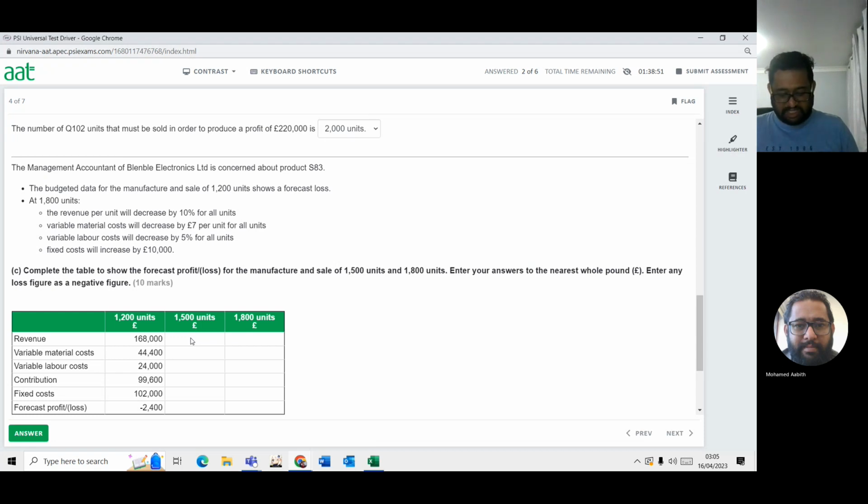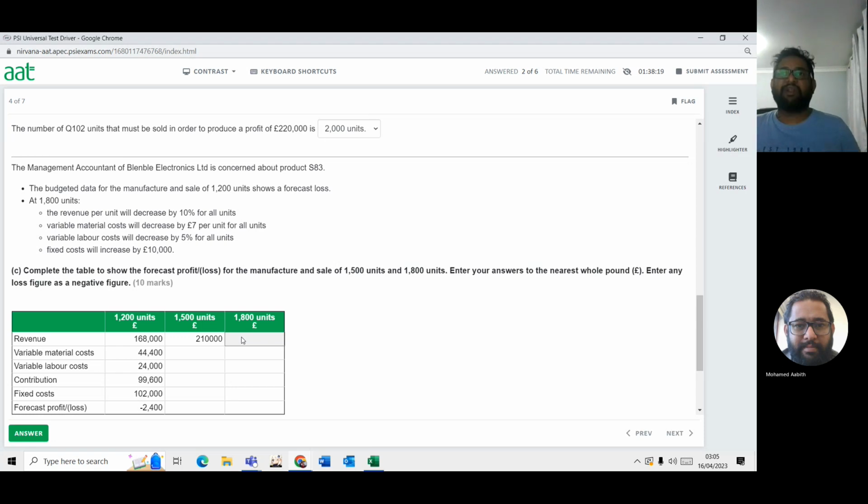So here 168,000 divided by 1,200 gives me a selling price of 140. So this 140, we keep that in mind here. Multiply this by 1,500, and that gives you a new sales revenue value of 210,000 pounds. But now, since we already have 140, we can do the 1,800 as well. We can do that straight away.